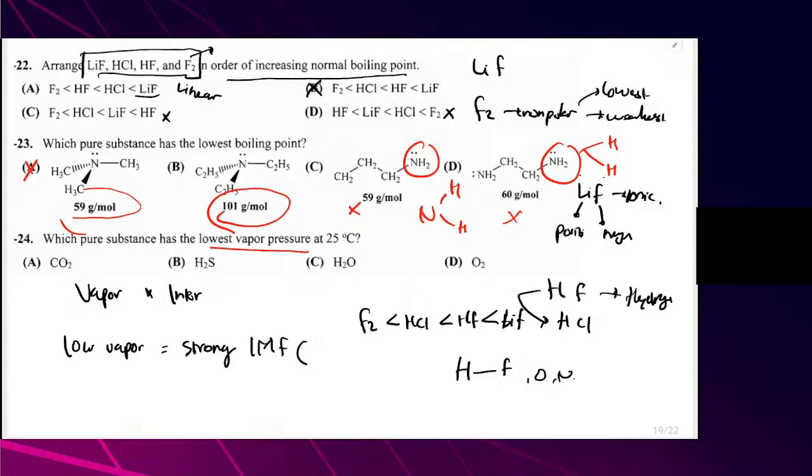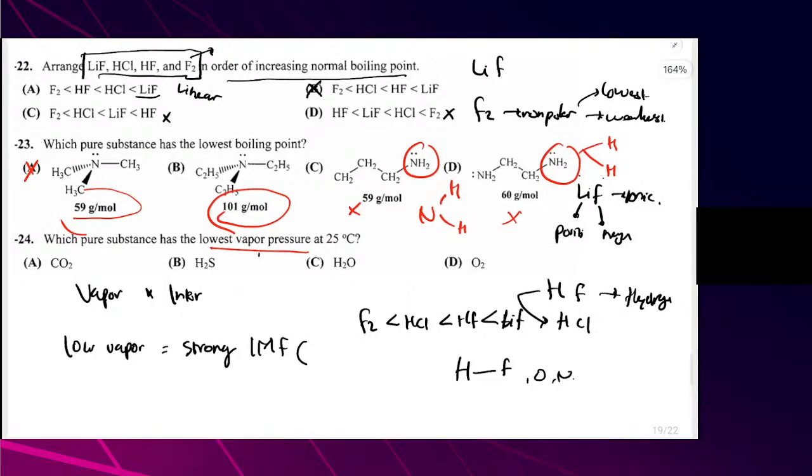If more particles are in the vapor, it means higher pressure. So stronger IMF means harder to evaporate, and if harder to evaporate, lower pressure.